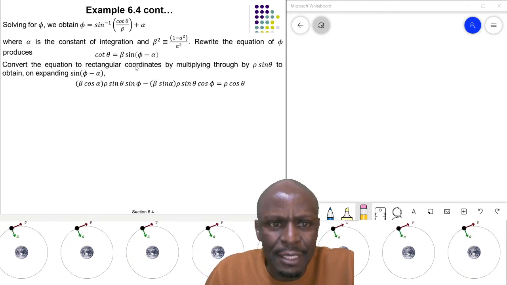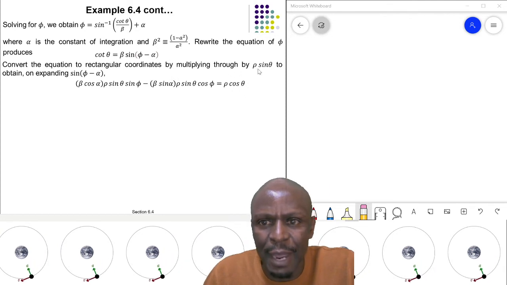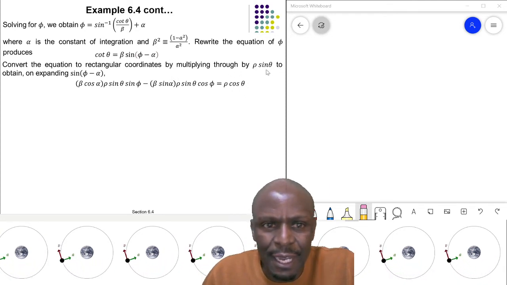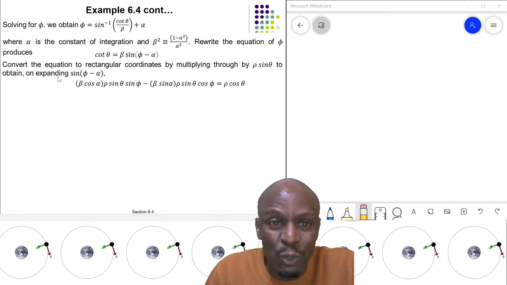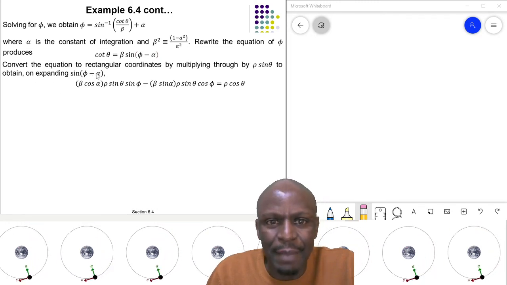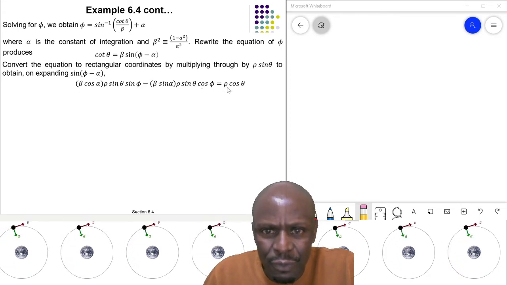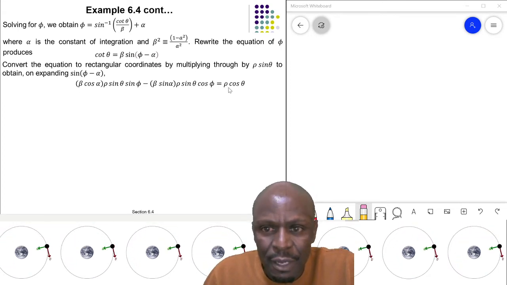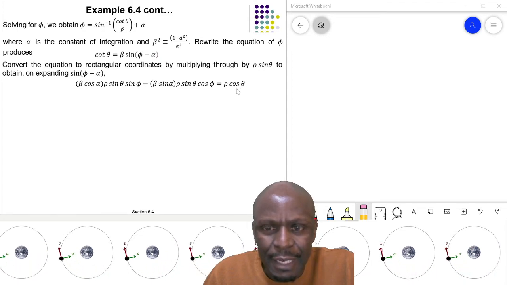Now, in this case, we also want to convert to rectangular coordinates by multiplying through by rho sine theta to obtain the following equation, and you also expand the sine of phi minus alpha. This is what you are going to have after the expansion.